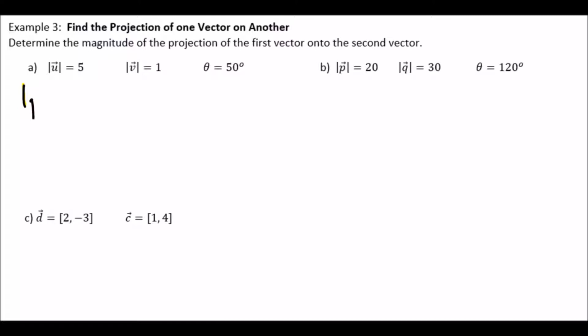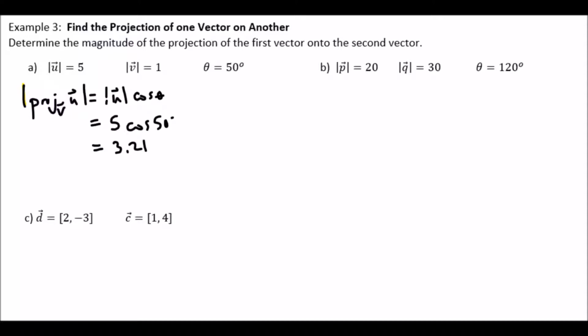The magnitude of the projection of vector U on vector V is equal to the magnitude of U cos of the angle, and so here I'd have 5 cos of 50, and the magnitude of the projection would be 3.21.